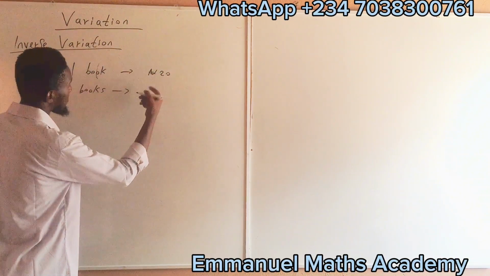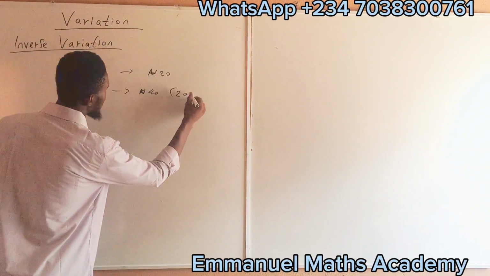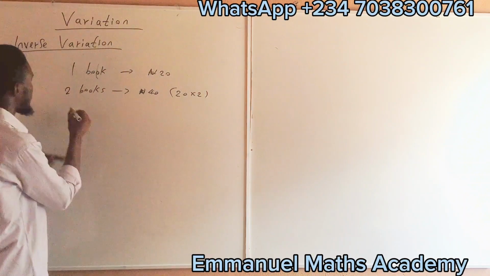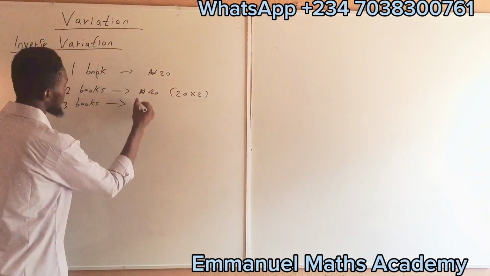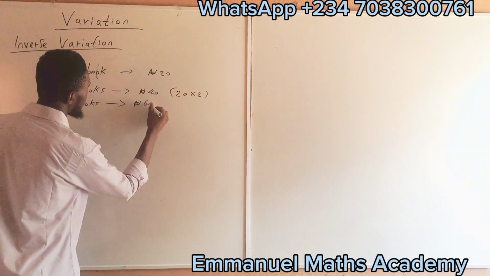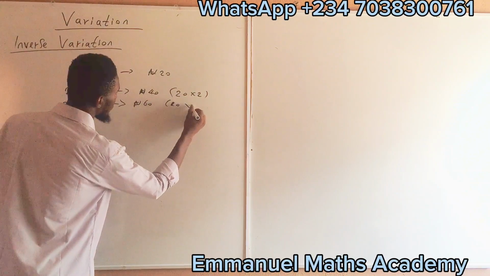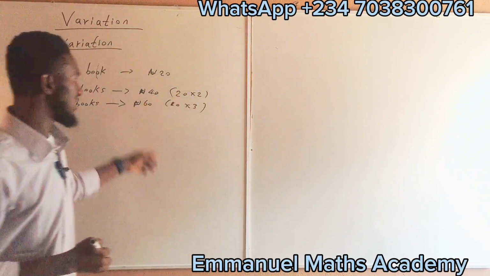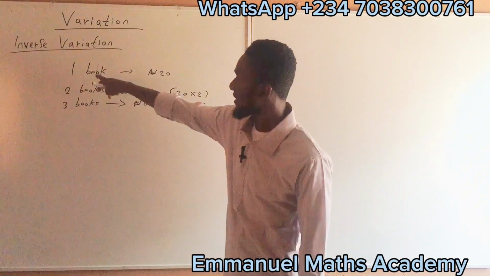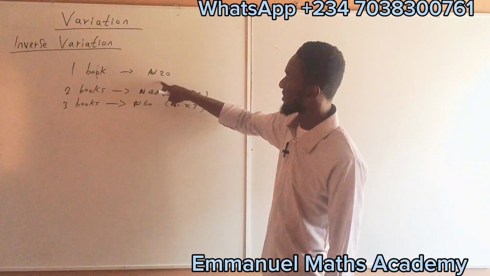It will cost 40 naira. That's 20 times 2. And 3 books will cost how much? 60 naira. That's 20 times 3. So this is what we mean by variation, because you can see that the change in this quantity will bring about a change in this other quantity.